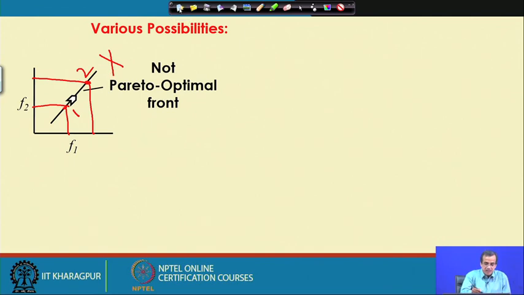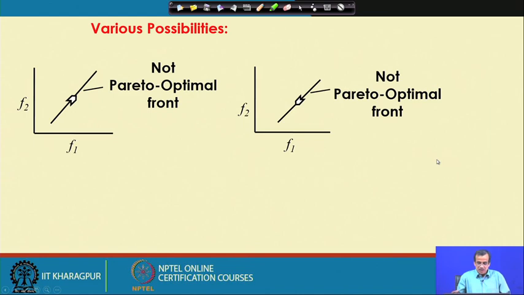Similarly, if I take another example, this is f1 and f2 and our aim is to minimize both f1 and f2. Once again, if I take a particular point, say point 1 here, this is my f1 and f2, and another point, this is my f1 and f2.